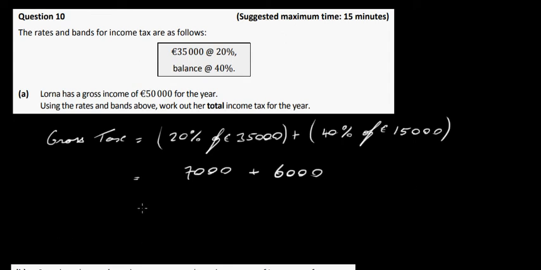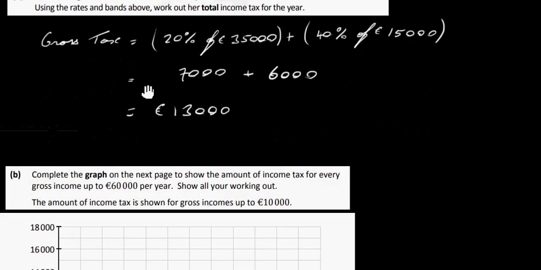Okay, so we got to add these two together, so that's 13,000 euros. So Lorna has to pay 13,000 euros gross tax. So using the rates and bands above, work out her total income tax for the year. So this would be her total income tax for the year. Okay, so that's part A. So let's have a look at part B.